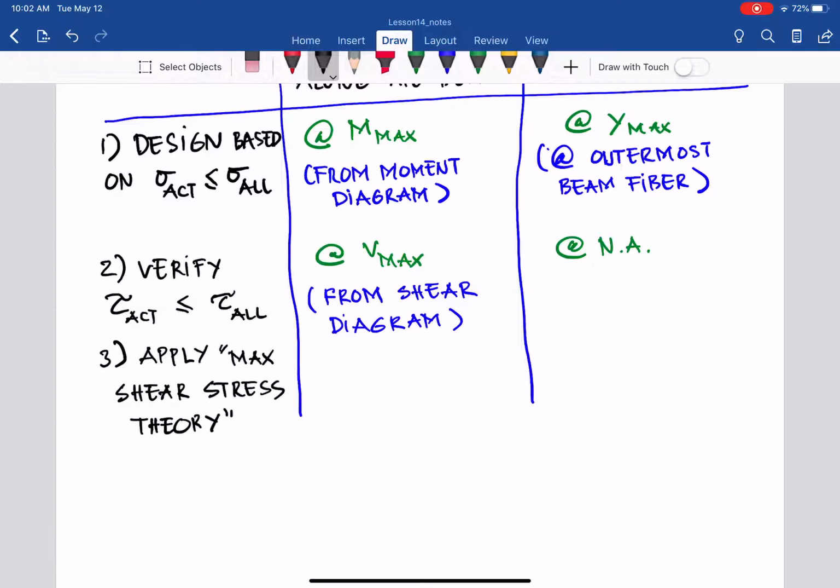Along the beam, which location? That is the critical combination of V and M, shear and moment.